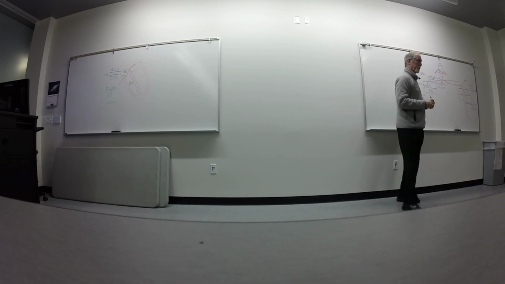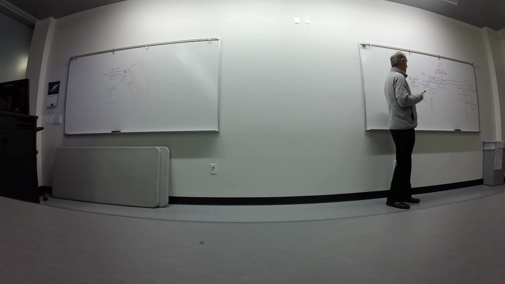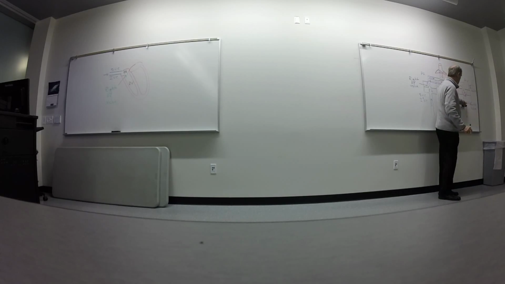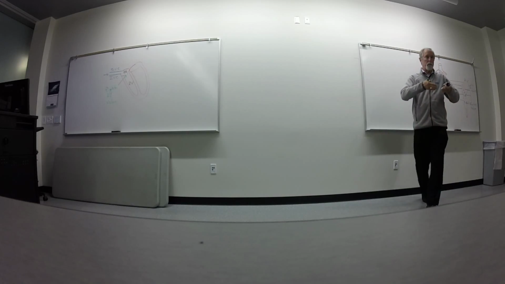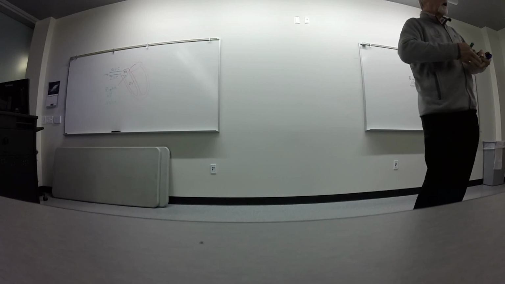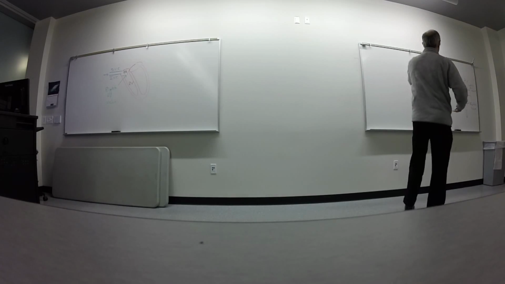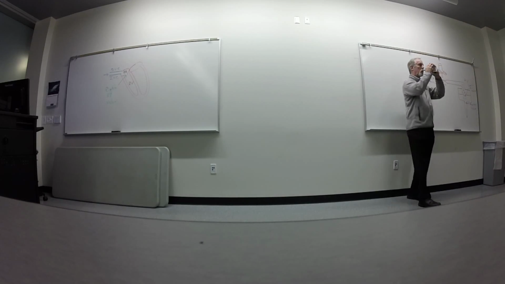Something very important, do not lose sight of this. If you take a look over on the left side, I'm showing the leaflets, so they're oriented downward. On the right side, I'm showing the leaflets, so they're oriented upwards.